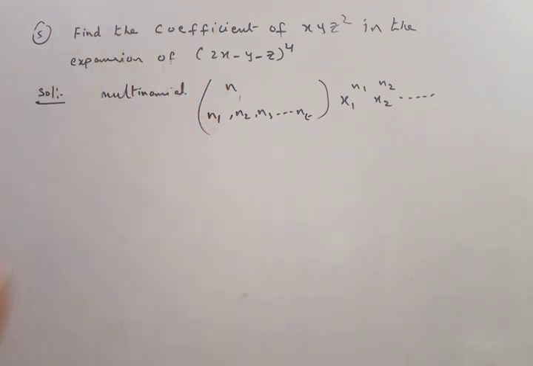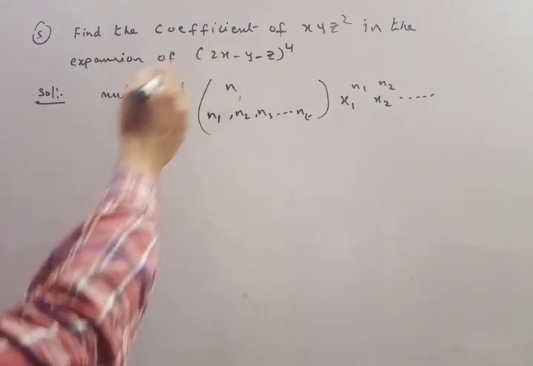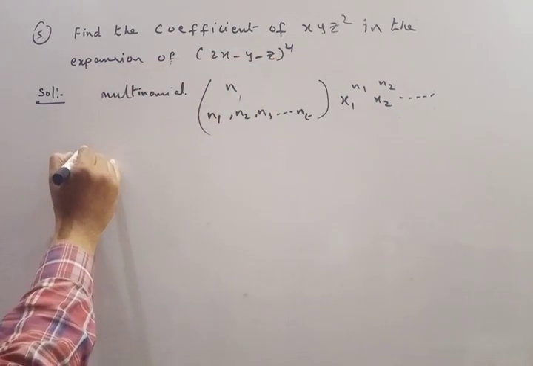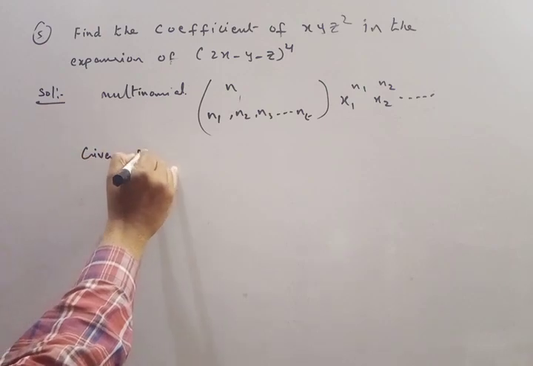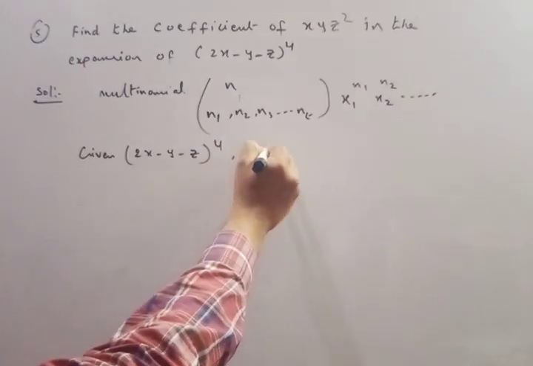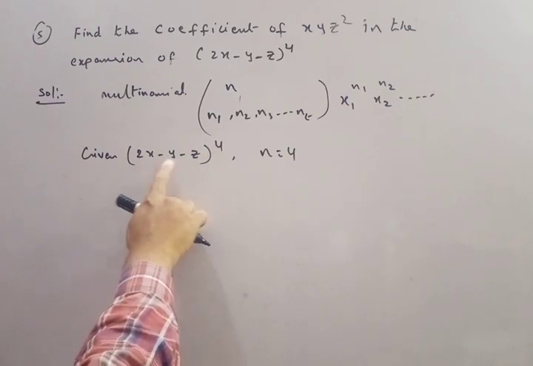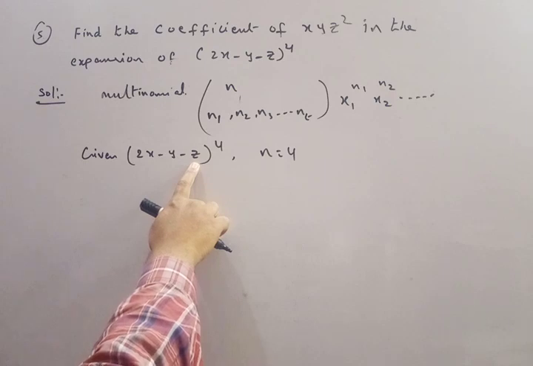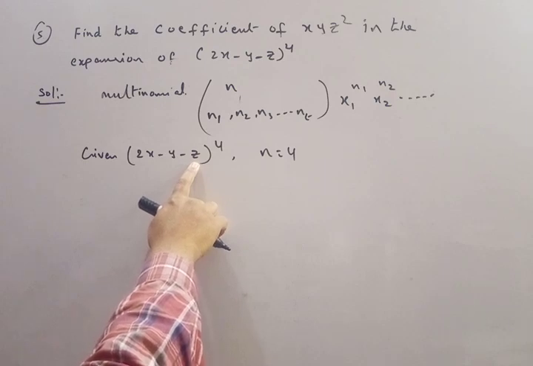So using the multinomial theorem, what is our n here? Given is 2x minus y minus z whole power 4. So here n is equal to 4. This is x1, x2, x3. Correct? So the general term you have to write.